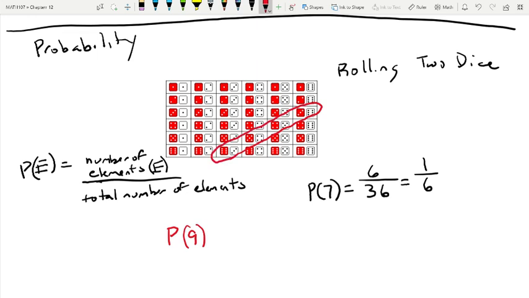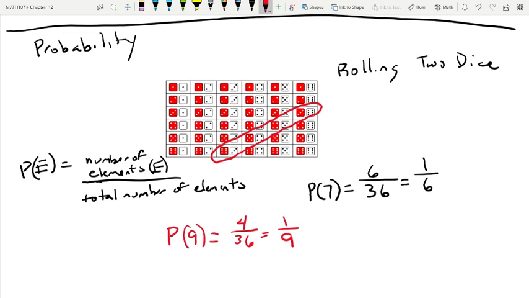So you have 1, 2, there's 4 there. So this is going to be 4 out of 36, and of course, that could be reduced to 1 over 9. So again, the probability of event E is the number of times that E occurs divided by the total number of outcomes.